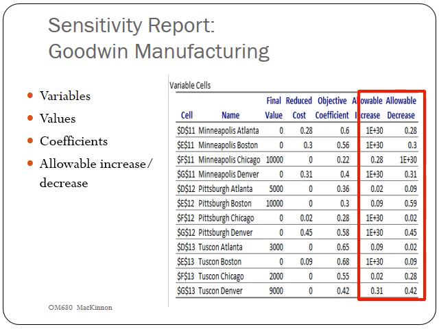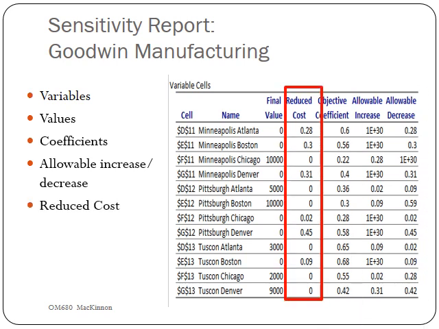So for example, the price could increase from Minneapolis to Atlanta basically forever, and the solution would not change. However, if the Minneapolis Atlanta route reduced in price by more than 28 cents, suddenly the MA route would become attractive. And so the allowable decrease is essentially the same as the reduced cost.